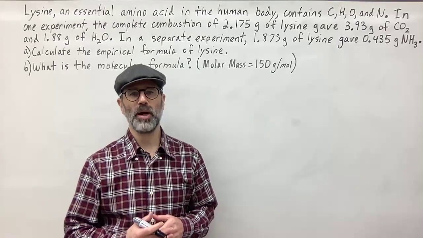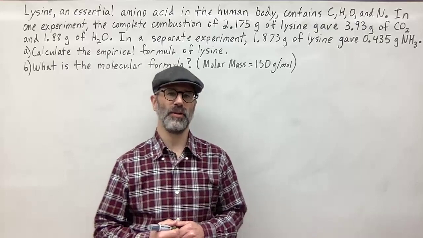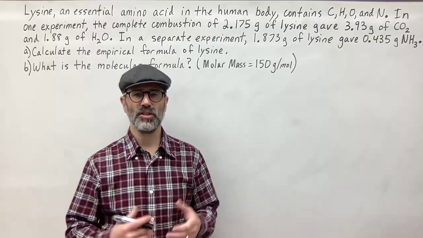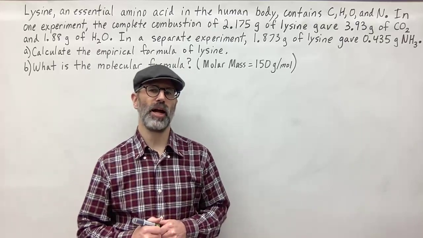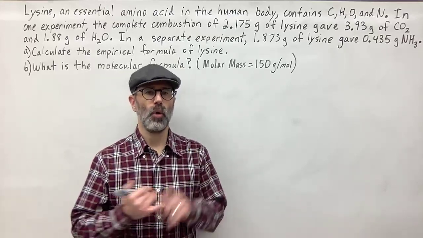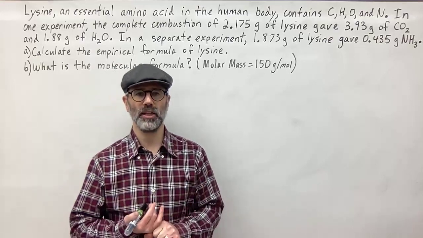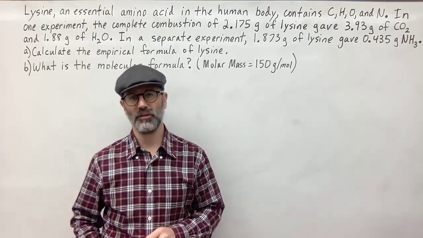In a separate experiment, we react 1.873 grams of lysine, and that gives us 0.435 grams of NH3. They're asking us, what is the empirical formula of lysine and what is the molecular formula from the data given?